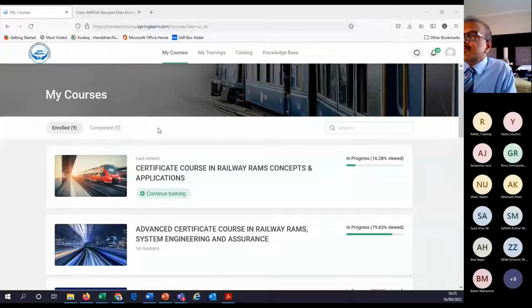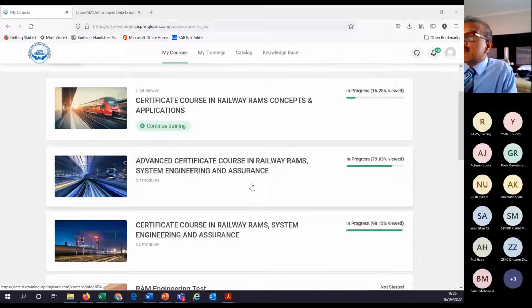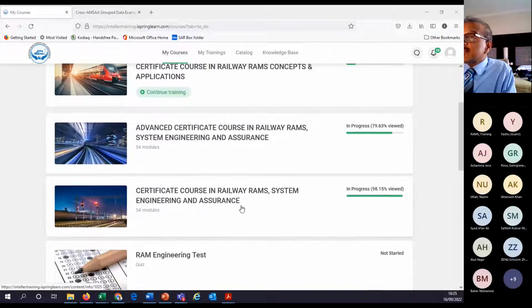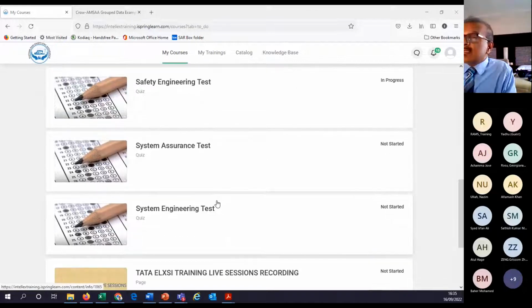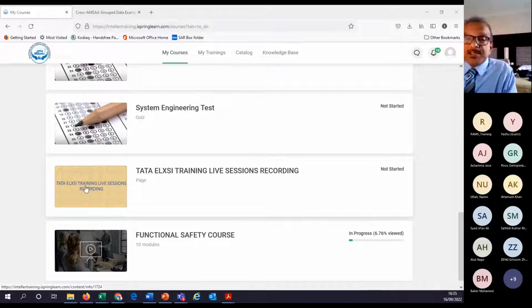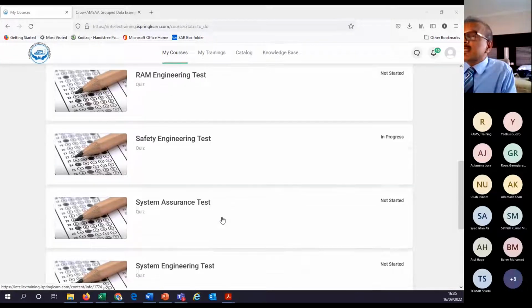So this is our training portal, which shows all the types of courses we have, and certificate course, advanced course. Then this is the certificate course in system engineering, and we got tests as well here. Then we had the live sessions also, which are recorded and will be available in the portal, so that you can always refer back. And we did specific courses for some of the clients, like the functional safety course. They were doing product development, so we were doing that as well.